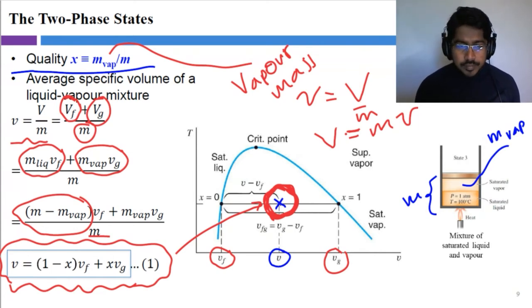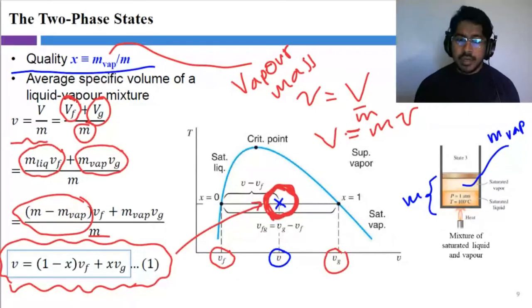And if I phrase the question in another way, so if I say this is a two-phase mixture or liquid plus vapor mixture, then definitely you know that x has to be greater than 0 and less than 1, right? If it has both phases involved at the same time, then x cannot be something else.